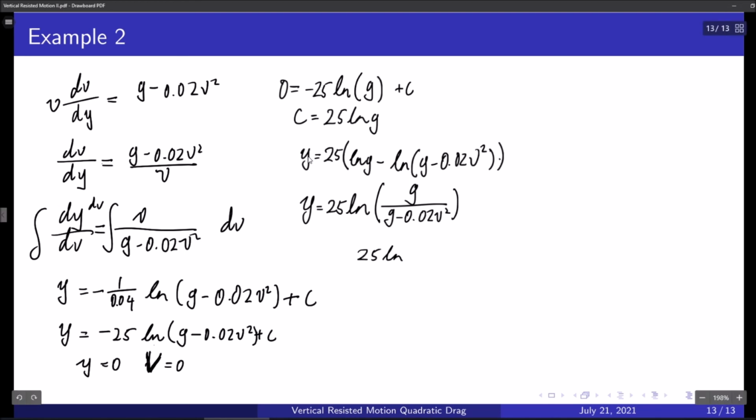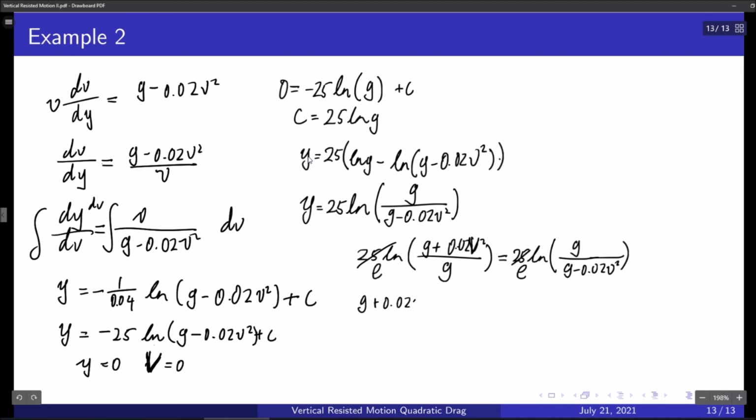So we should be able to recognize that 25 log g plus 0.02 v naught squared over g should equal 25 log g over g minus 0.02 v squared, where v naught is the initial velocity. Obviously the 25 cancels out, so we end up with g plus 0.02 v naught squared over g equals g over g minus 0.02 v squared.